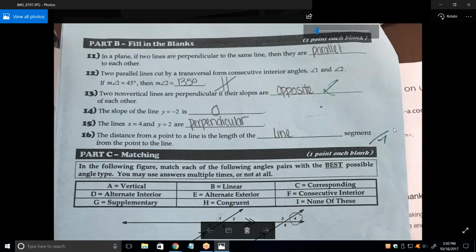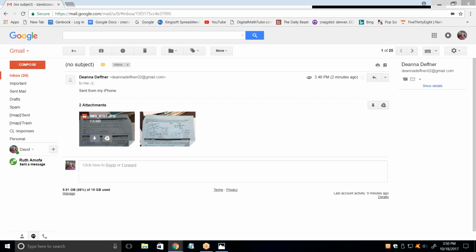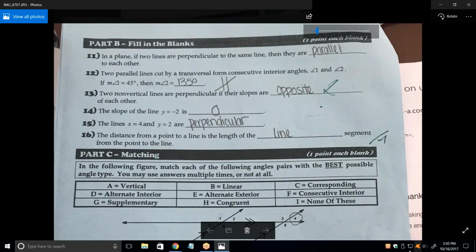Okay. I was going to say, it looks like I can tell whether you got it right or wrong here. Yeah. Non-vertical lines are perpendicular if their slopes are, it's not quite opposite. Here, let me take a picture of this. This is the way it usually works.